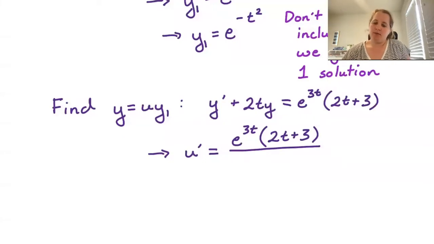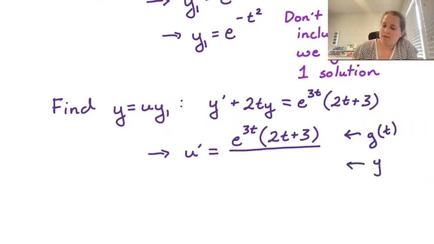Right, so this top part here was our g of t. And then down below, we'll need y1. So our y1 is e to the negative t squared.